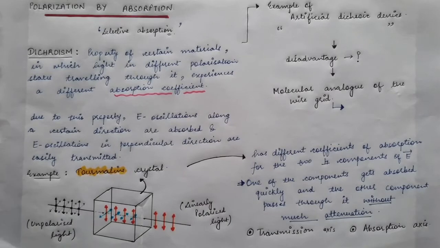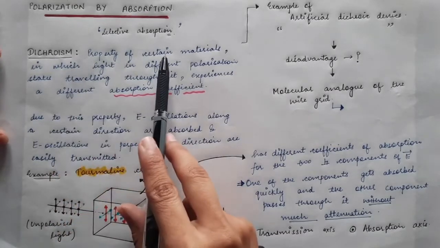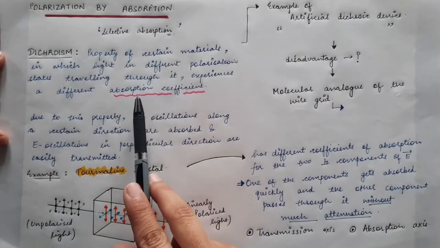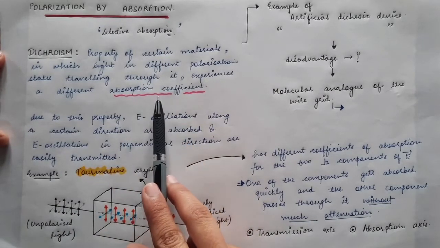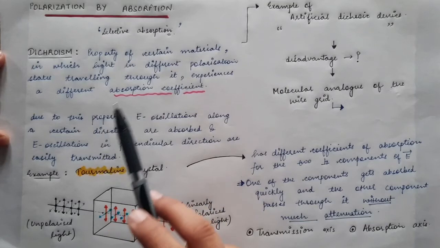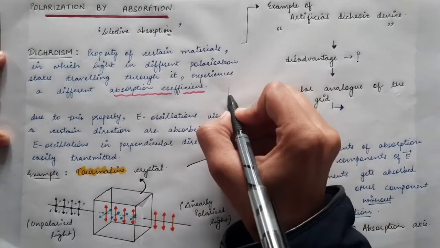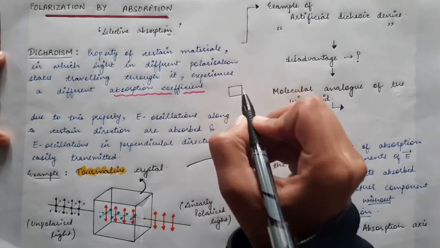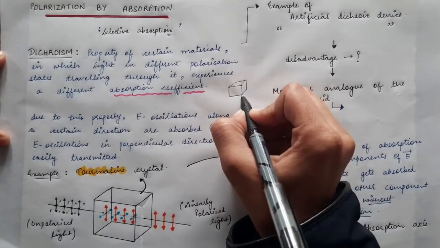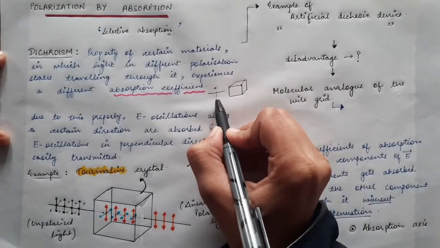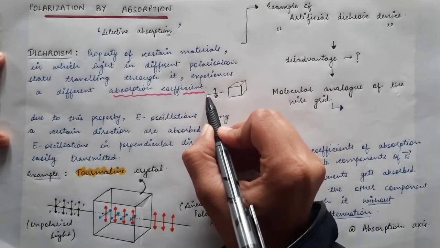So what is this property? Certain materials show different absorption coefficients to different polarization states of light. For example, a light wave is entering a material, let's say this is a dichroic material, and this is the vibration of the electric field of the incident light.